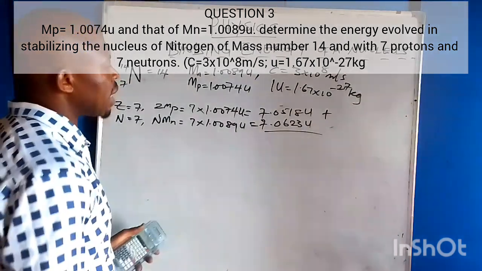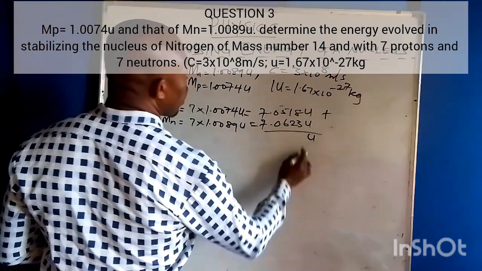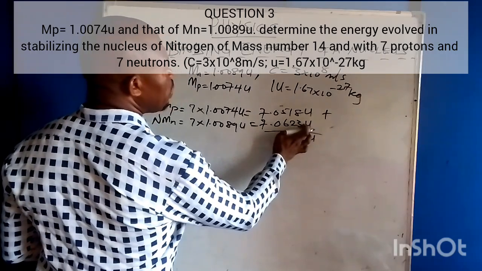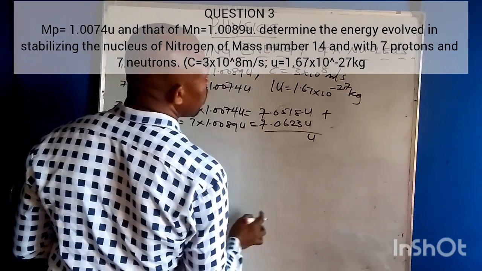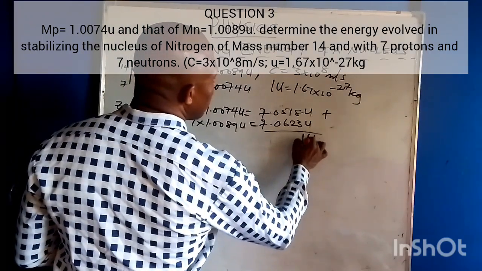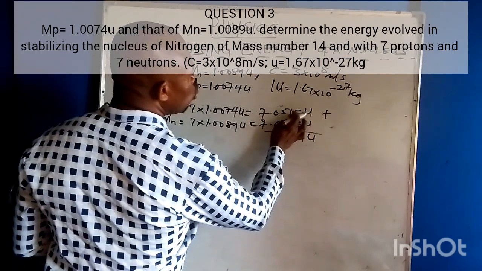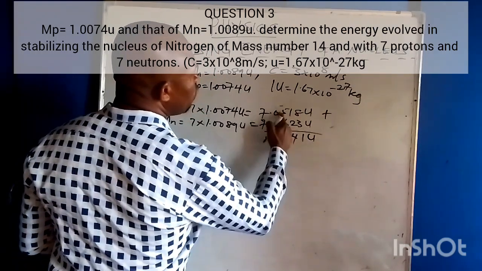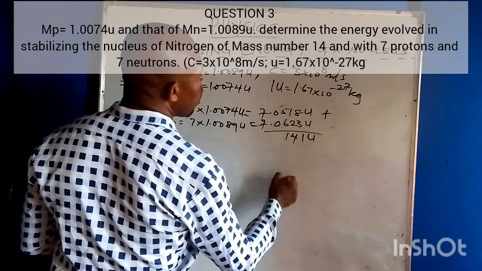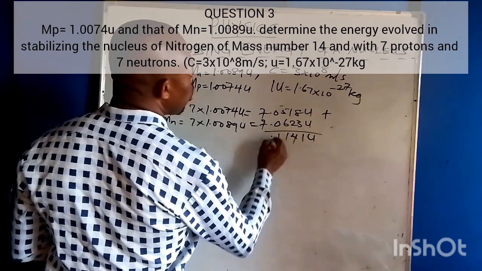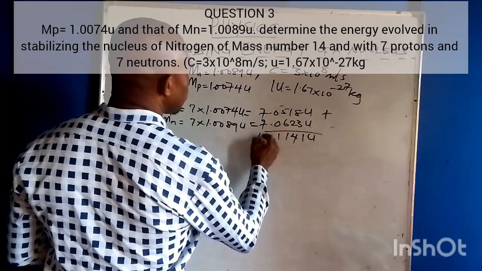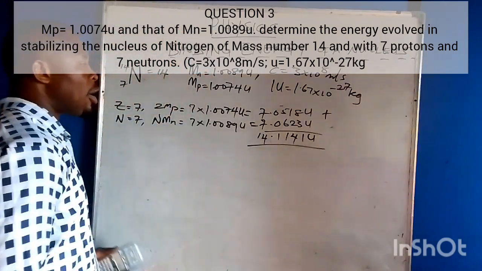If we add the 2, we'll have U here. 8 plus 3 will give us 11. Write 1, carry 1. Bring it here, 2. 2 plus 2, 4. 5 plus 6, 11. Carry 1. Bring it here, 14.1141.